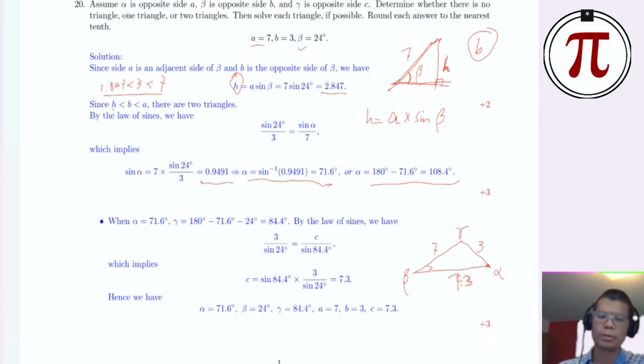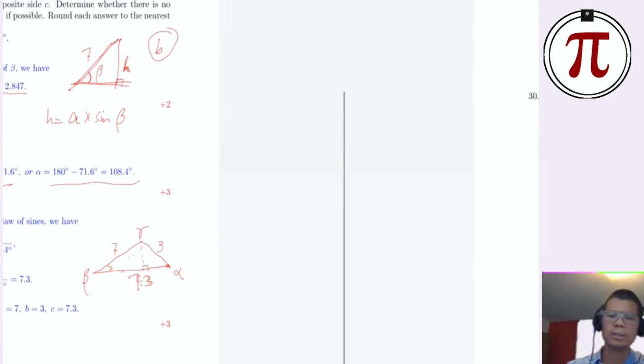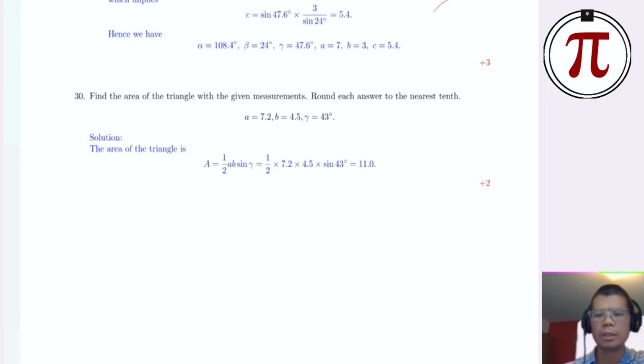So this is the first triangle. Here is H. The second one is going to be something like this.